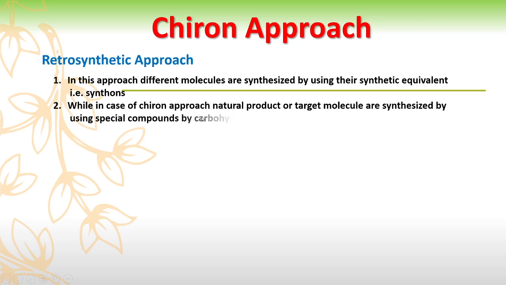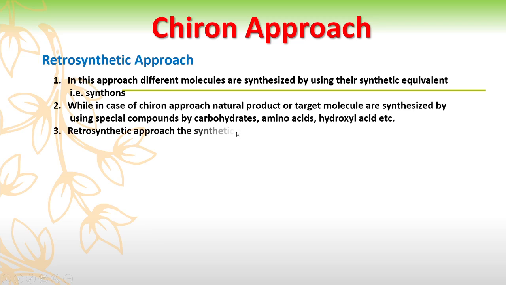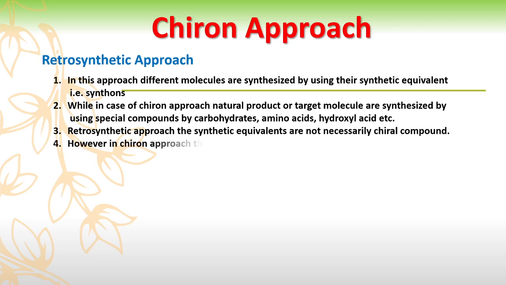While in the case of the Chiron approach, the natural product or a target molecule is synthesized by using special compounds like carbohydrates, amino acids, hydroxy acids, etc. It means in the Chiron approach, the starting materials which are used are chiral compounds, and these compounds are natural products or naturally available, optically pure.